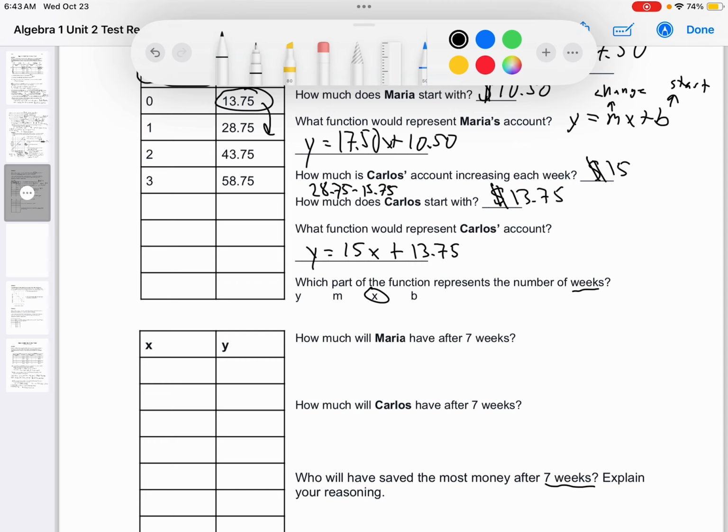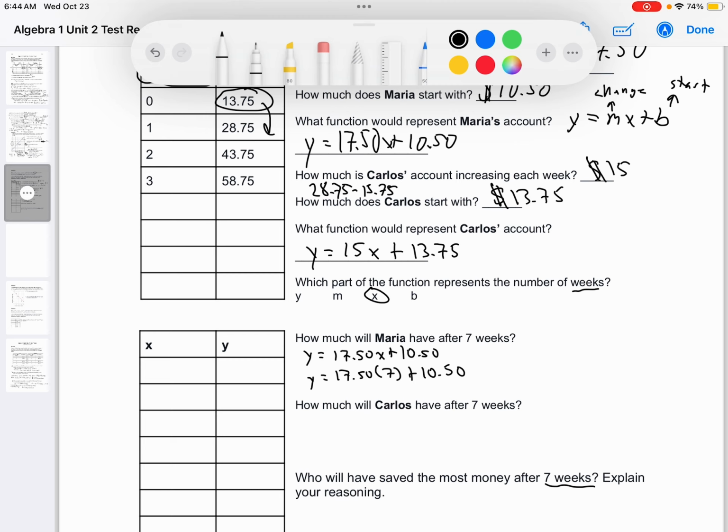So for Maria's function, she had y equals 17.50x plus $10.50 that she started with. We can substitute in 7 for x here, and that would give me y equals $17.50 times 7 plus the $10.50 that she started with.